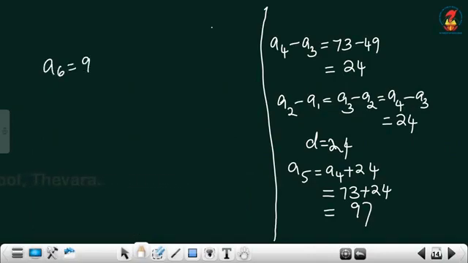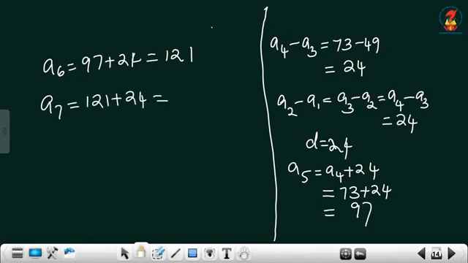A6 is equal to 97 plus 24, which is equal to 121. A7 is equal to 121 plus 24, which is equal to 145. So the next three terms are 97, 121 and 145.